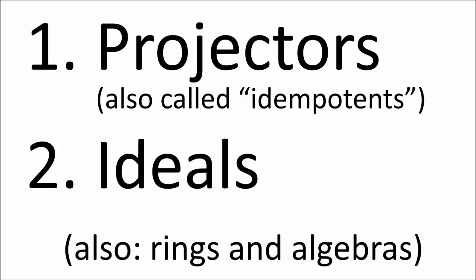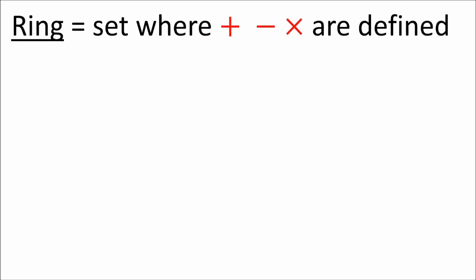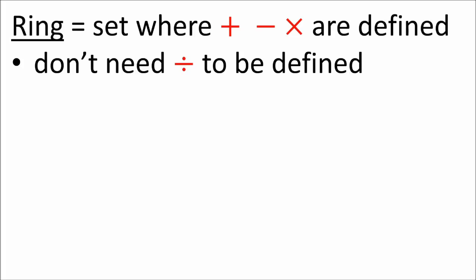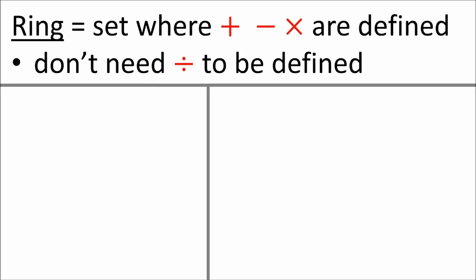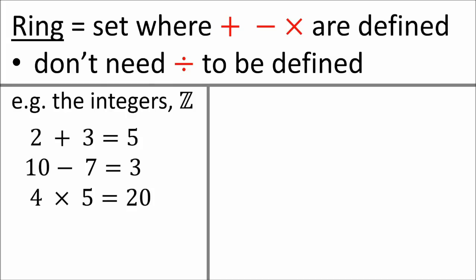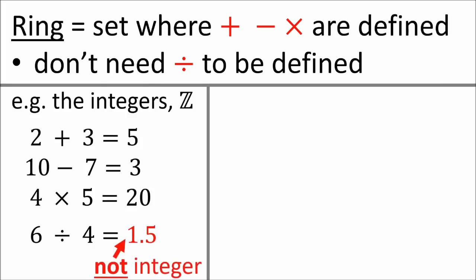Loosely speaking, a ring is a set where addition, subtraction, and multiplication are all defined, but we don't require division to be defined. For example, the integers form a ring because we can add, subtract, and multiply them to get more integers, even though dividing two integers doesn't always give us an integer.